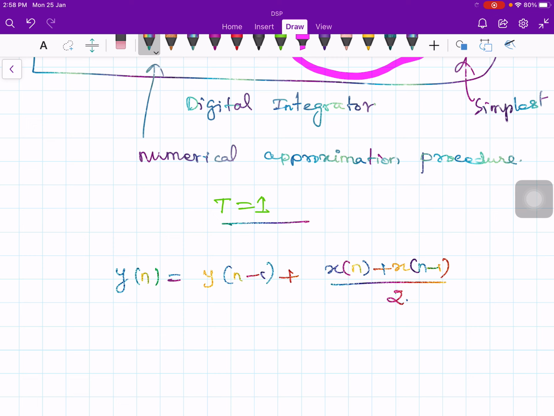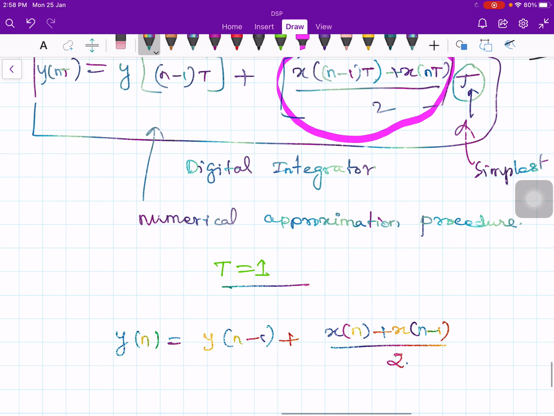I would like to drop the T inside the index, but I don't want to drop the T where we are multiplying. So I can write like this.